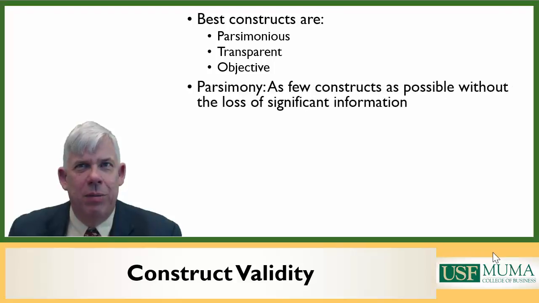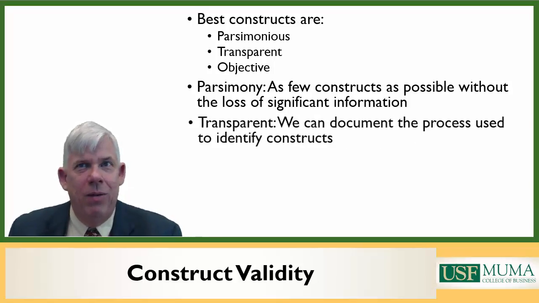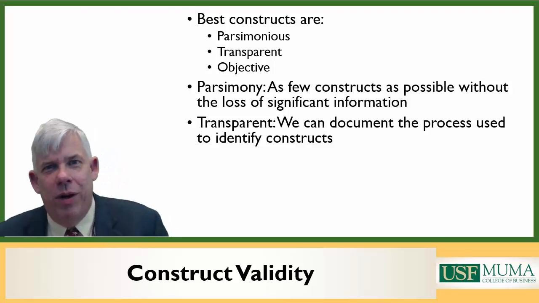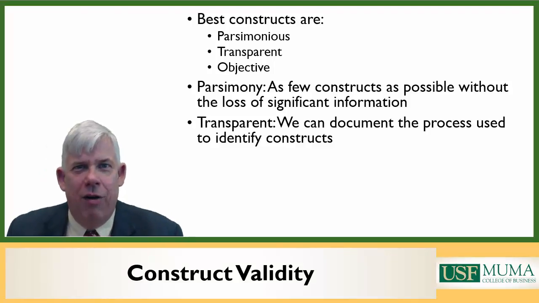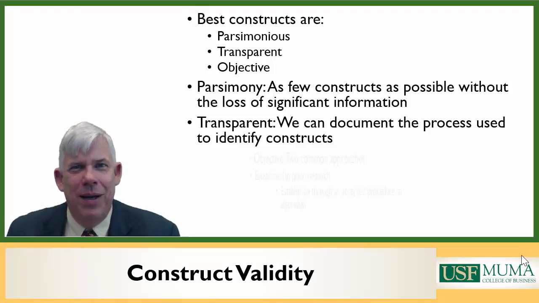So if we look at parsimonious, we want to have as few constructs as possible without loss of significant information. So we don't want to say, well, 2 constructs is better than 3 constructs if 3 constructs covers most of your information, whereas you lose a lot of information only going with 2 constructs. Transparent, we like to be able to document the process by which we develop the constructs. And this is one of the reasons where if you can find a statistical technique that will give you a starting point for your constructs, then you can make the argument that it was a statistical package, not you, that decided what these constructs were.